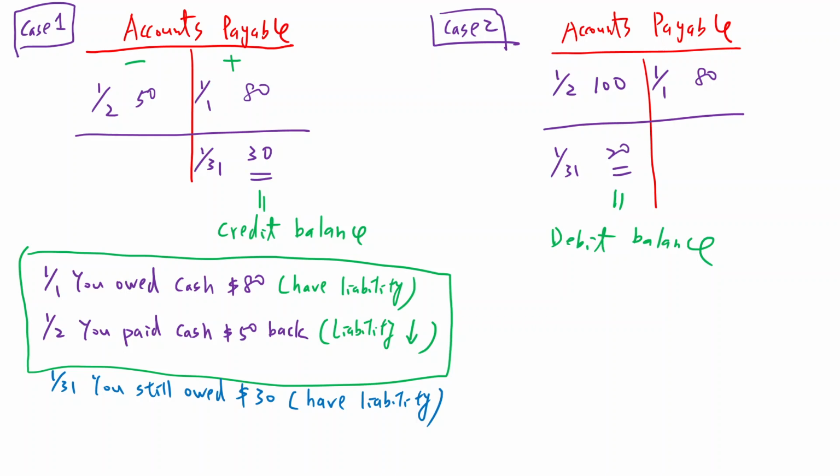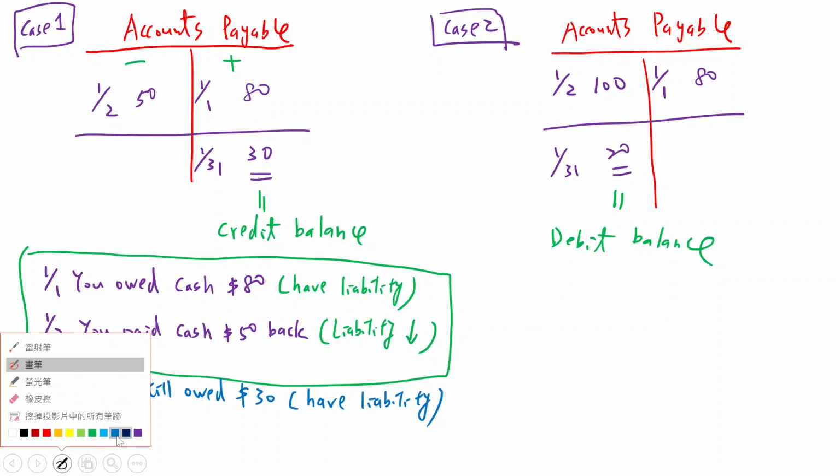How about case 2? Anyone? Case 2. At the beginning, you have the liability $80. Okay? Daniel, next day, what does it mean? You pay $100. Is it possible? No, you just owe the money $80. Why you pay $100? You are rich, so you want to give them more. So based on case 2, you will find out impossible, right?